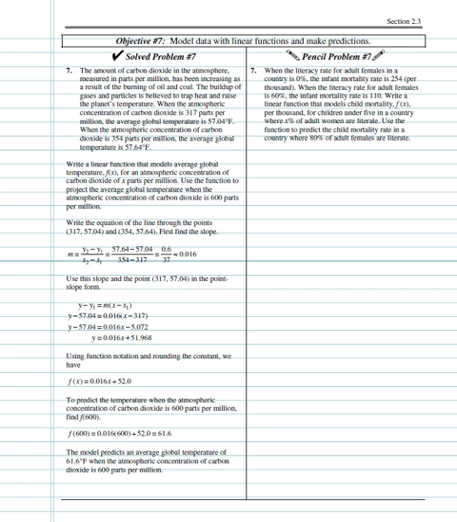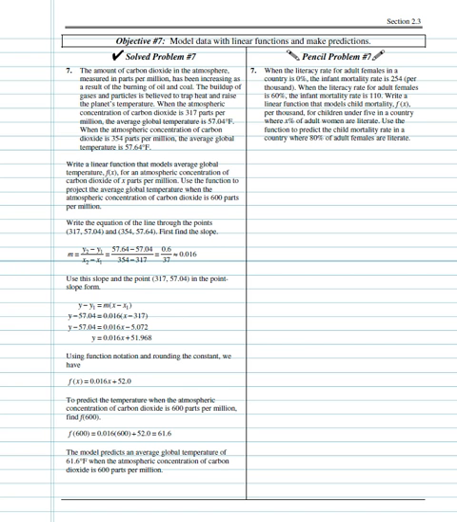Alright, let's go ahead and work on problem 7. If I'm looking at the example problem, here we have carbon dioxide and the temperature of the atmosphere. So the first thing you have to make sure is you know which is your independent variable and which is your dependent variable. When I read this problem, the carbon dioxide is affecting the temperature.